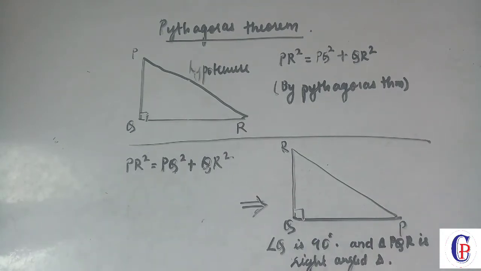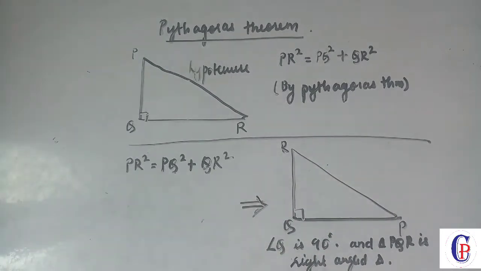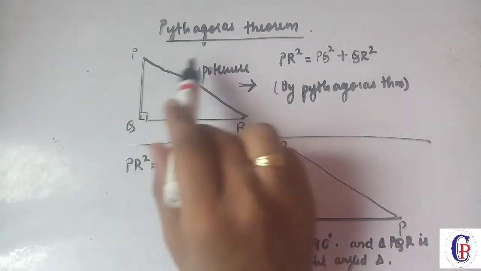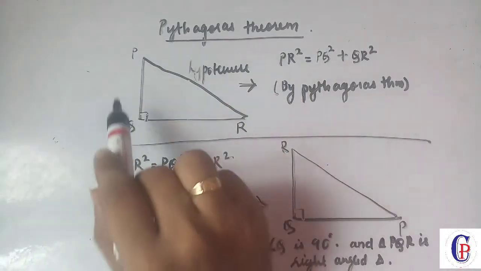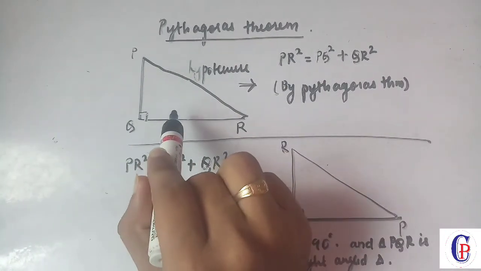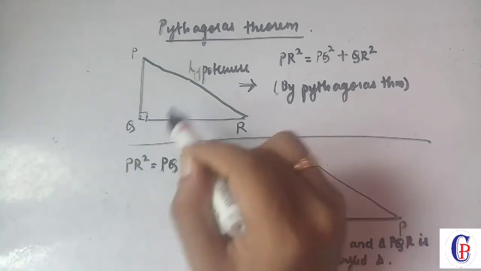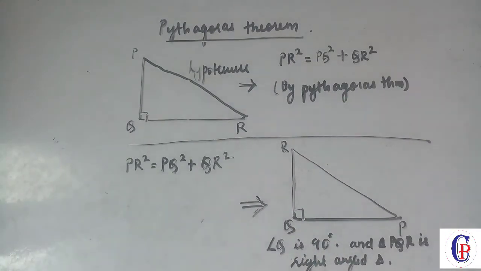We get this answer when we know that PR square is equal to PQ square plus QR square, whether it was given in the figure or given in writing.